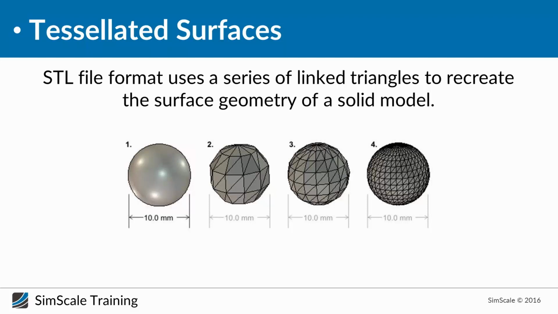So when we work with tessellated surfaces, we have to make sure that in the curvatures, where you have a non-regular shape, you increase the density of the tessellation of the surface there.